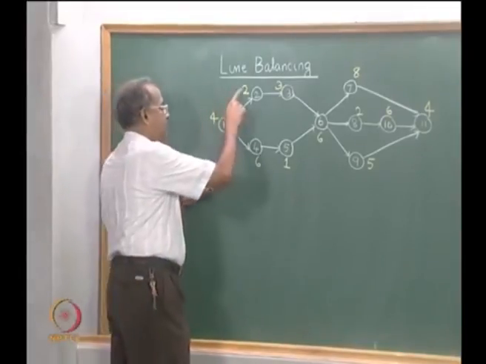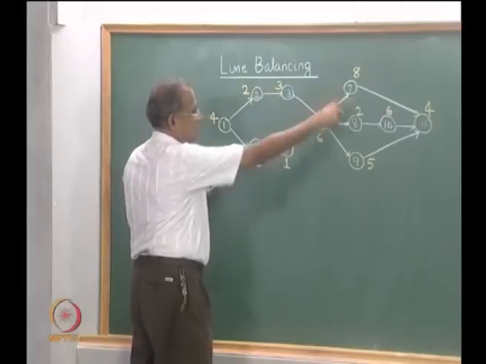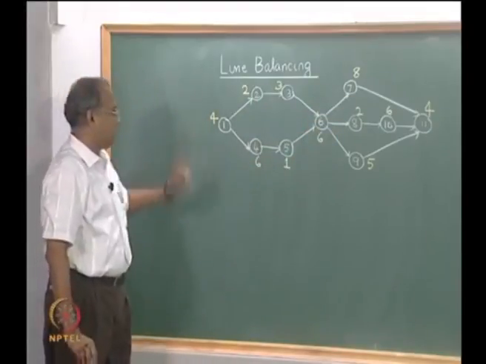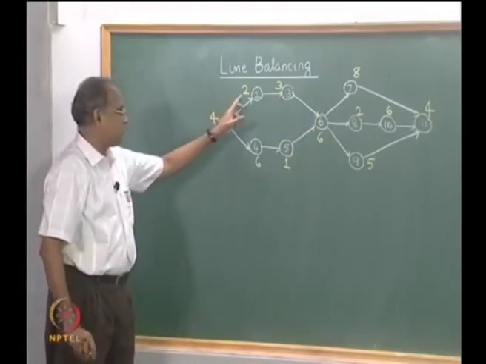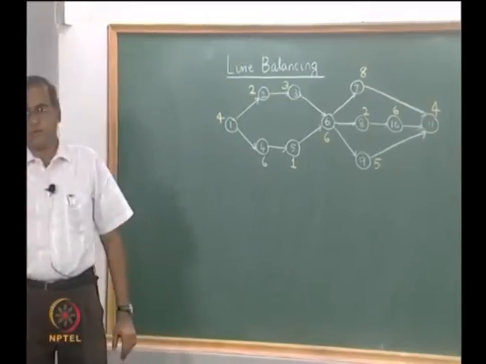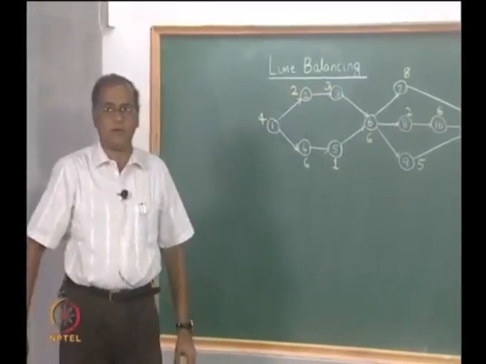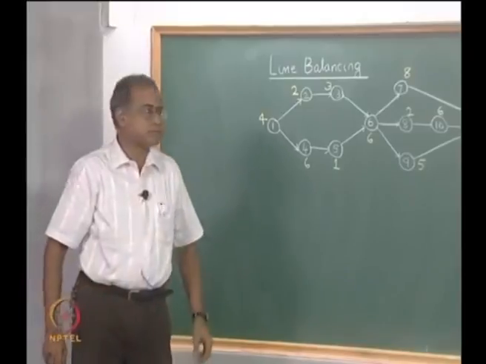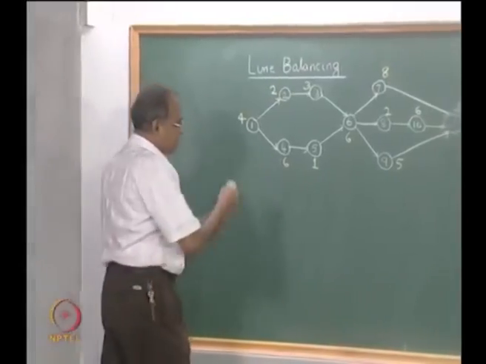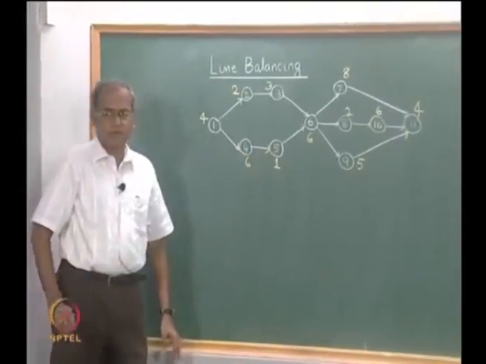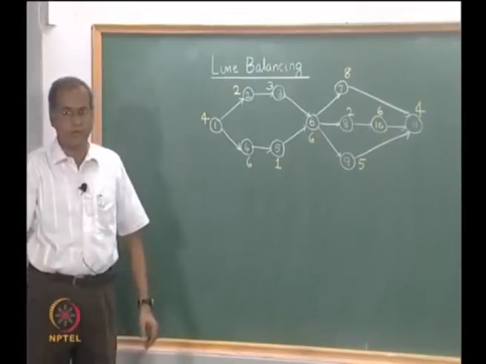Now, there is an activity time associated with each of these activities, which are given in yellow, so 4 units, 2 units, etc. The units could be minutes or seconds depending on the assembly. There is also a precedence relationship which is also captured in this network.